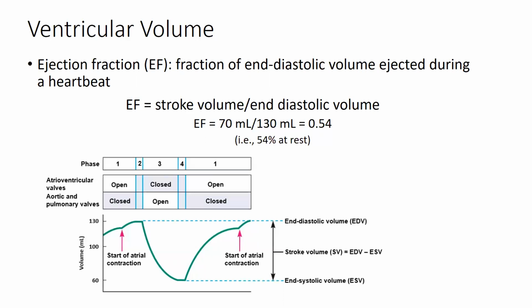Who can rephrase that? 54% of what is happening here? All right, so stroke volume divided by end diastolic volume, right? So 54% of the blood that you filled from the atria is being pumped out of the heart.